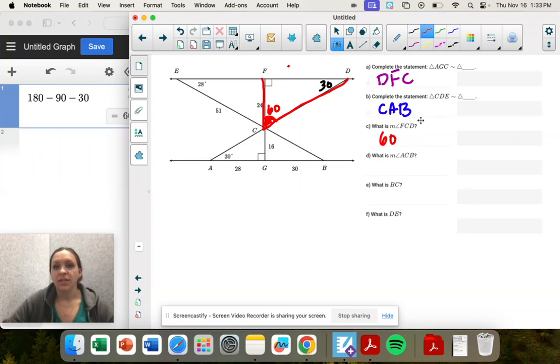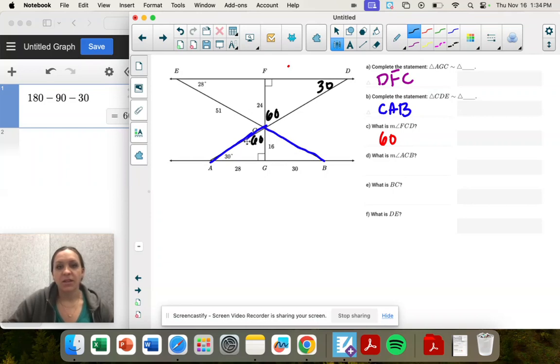Okay, what is the measure of A C B? So A, C, B. So we're looking at this big angle right here. And again, I'm going to kind of erase as I go. That's 30, that's 60. And now we're trying to find this angle. So I know by vertical angles that is 60.